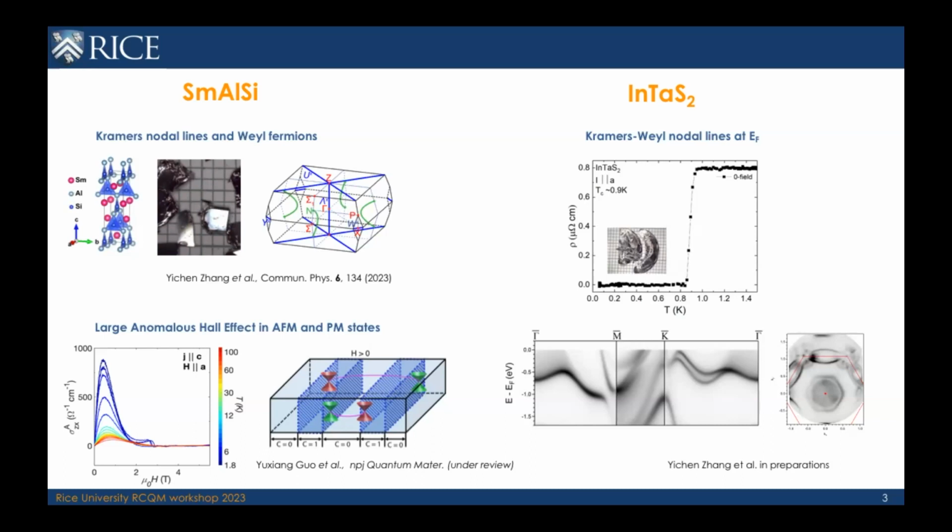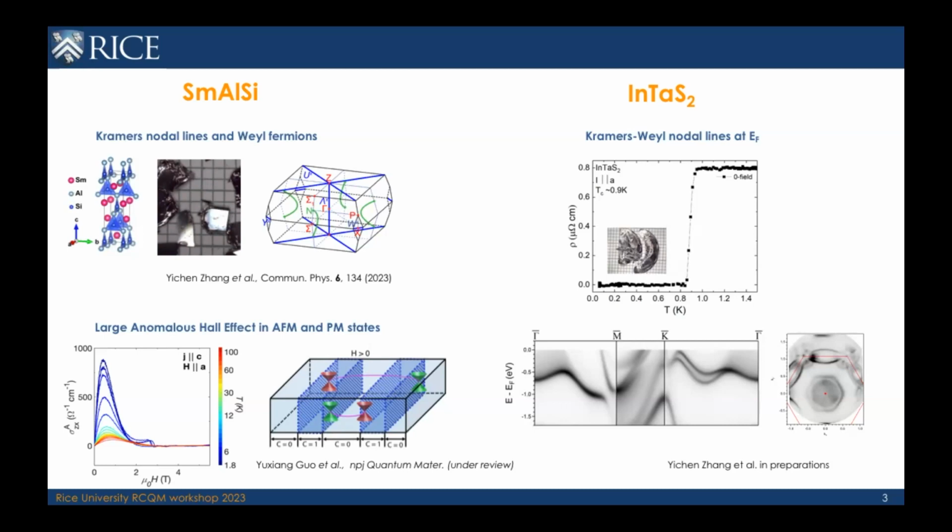One of the points that will be hopefully apparent in the discussion of these Kramer nodal lines is that they are close but not exactly at the Fermi surface. And so we will contrast that with some similar work in indium tantalum disulfide. In this case, the crystal structure is completely different.